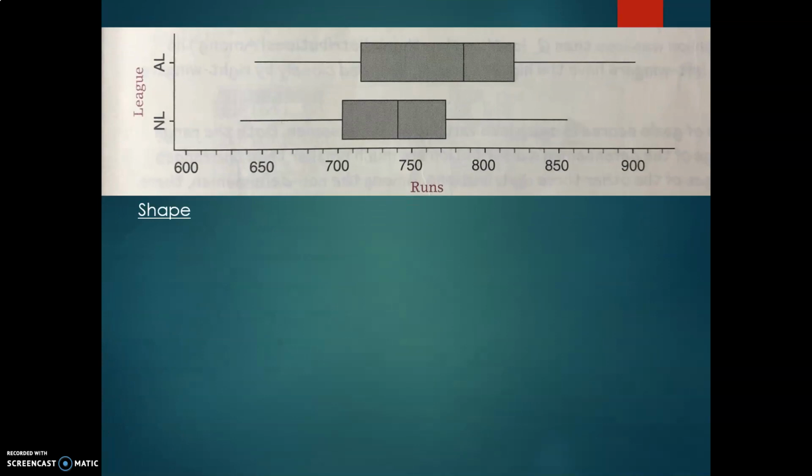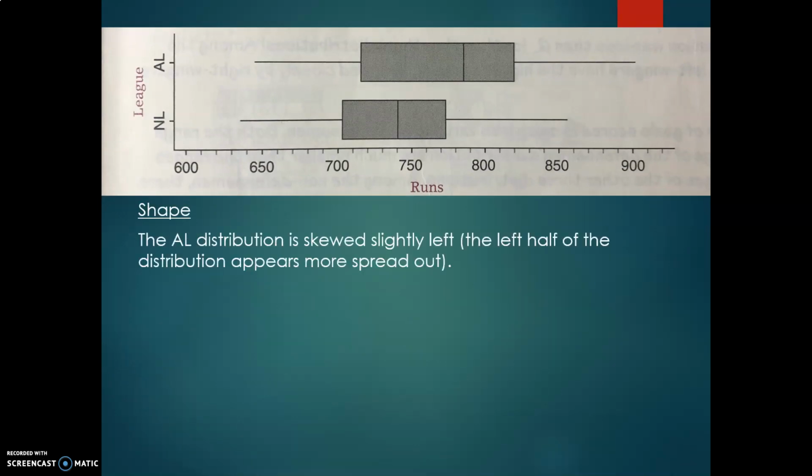As we look at the shape of these two, the AL is the top one. Notice how it seems to be skewed to the left. Why is it that we'd say it's skewed to the left? Notice how this side is much smaller, so that part of the data is much more tightly bunched.